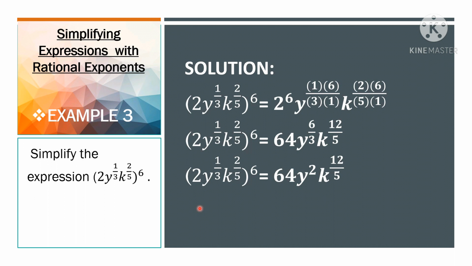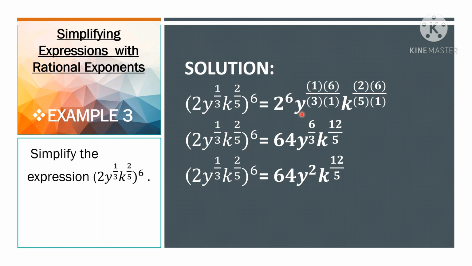So, ang exponents po natin dito, si 2, ang exponent niya ay 1, si y ay 1/3, si k ay 2/5, and then, imumultiply natin lahat ng exponents na yan kay 6. So, kaya dito, nagkaroon tayo ng 2 raised to 6, kasi nga, di ba, ang exponent nito, 1, so 1 times 6 is 6. So, meron tayong 2 raised to 6.